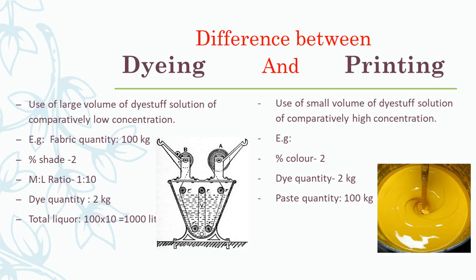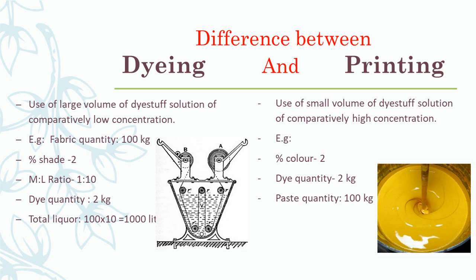So to produce a 2% shade on the given lot of fabric, how do we calculate the things? Take an example. If we want to carry out dyeing of 100 kg of material to produce a 2% shade, we need the dye quantity as 2 kg. And suppose the material to liquor ratio we want to maintain is 1:10.